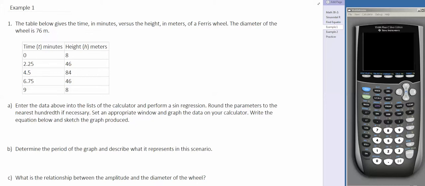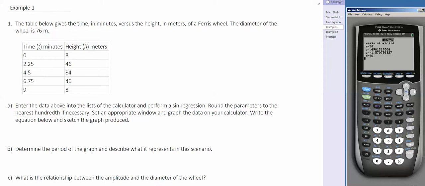I've got my data in, and I've done the sine regression and it's here. So hopefully you've paused the video and you've gotten your data up. Now I'm going to just record my equation.